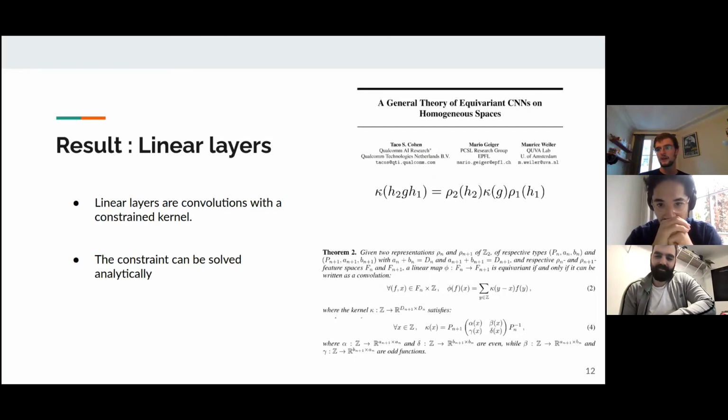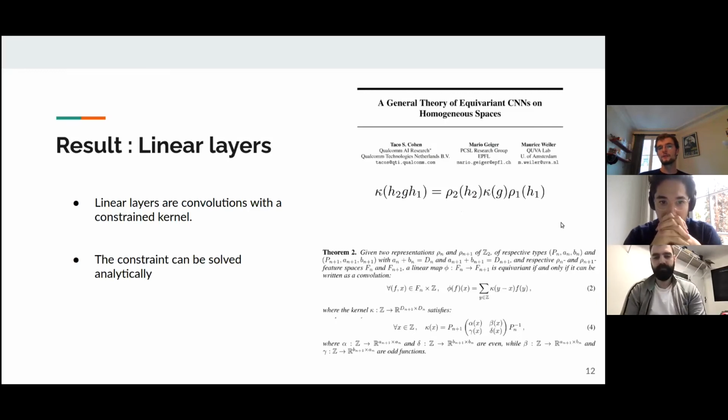So you can find all the possible mappings between the feature spaces that we have discussed before. And what it tells you is that this kernel can be decomposed by block onto even and odd functions in the spatial axis. So that result is also in the paper.